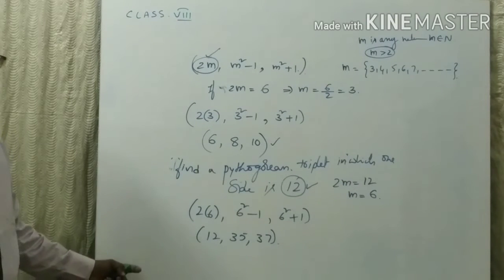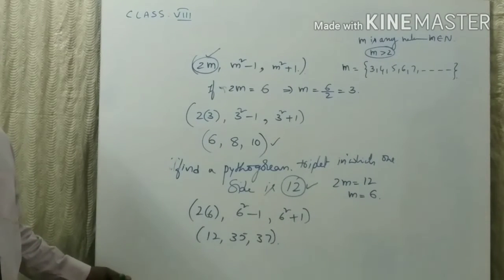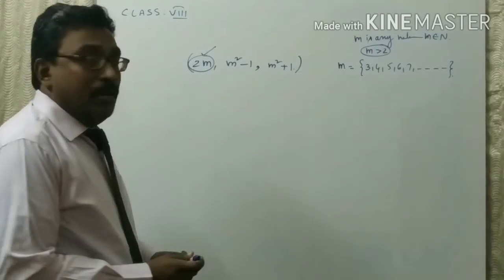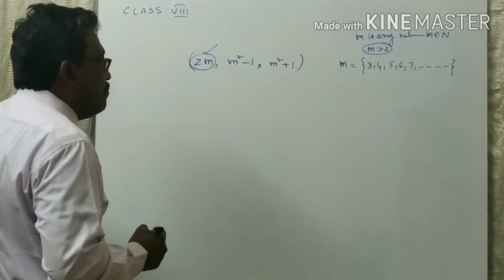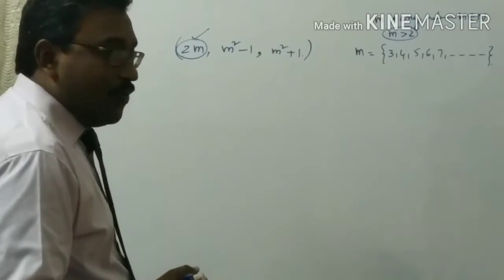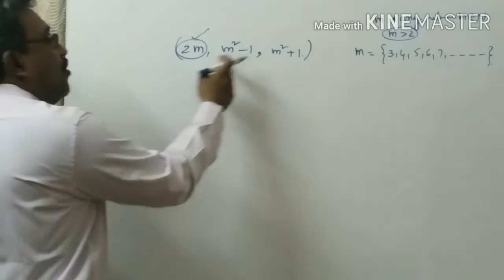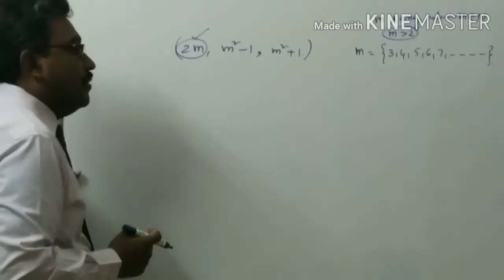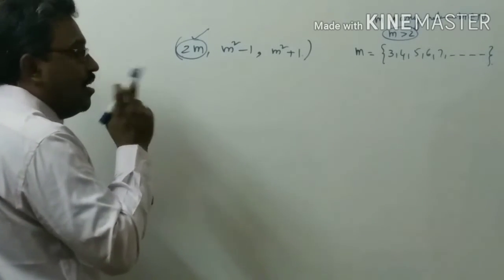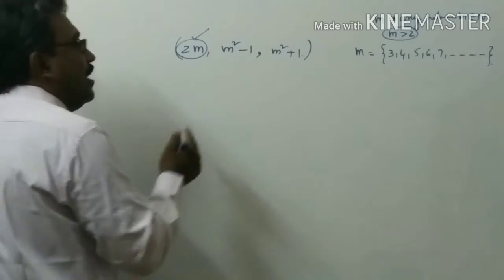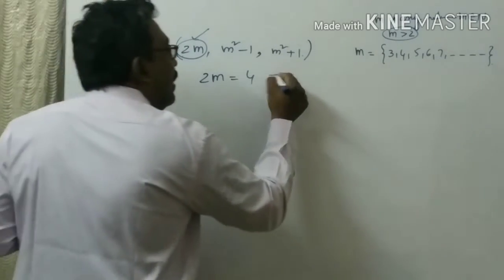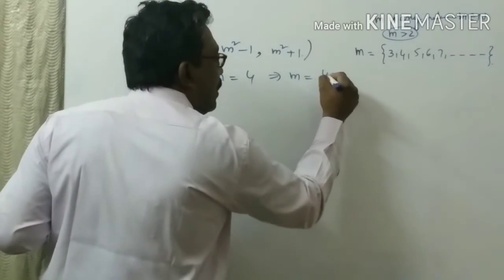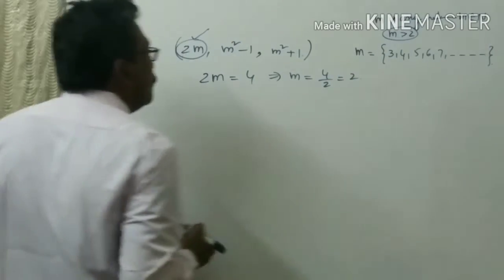Like this we can find many Pythagorean triplets. Now take 3, 4, 5, the first example I told you. Here 2m is equal to 4, then m is 4 by 2, that is 2.